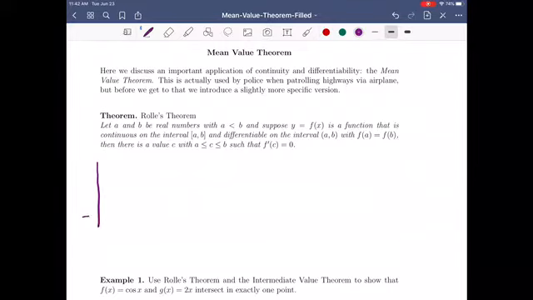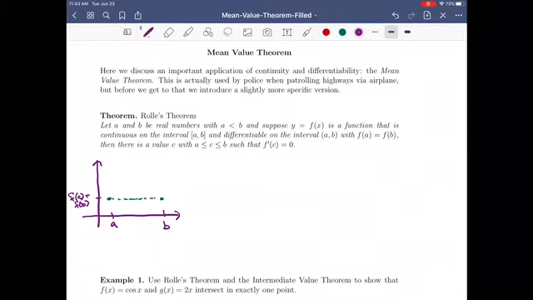So if I have a function, let's say here's a, here's b. Now they're the same value, so here I have f of a and also f of b, and you have a nice smooth function.